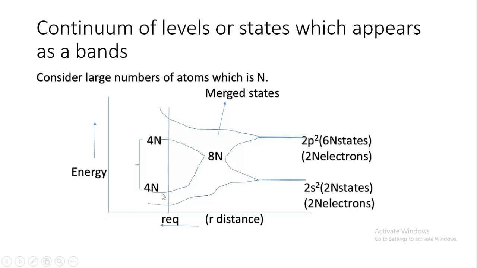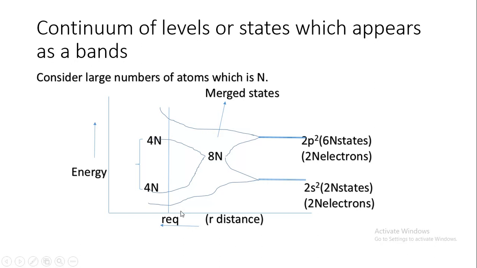Between these two, the bands are splitting, so there is a gap. But in the merged state there is no gap. So the material falling under this merged state will be metal, because in metal there is no gap, but in a semiconductor there will be a gap.